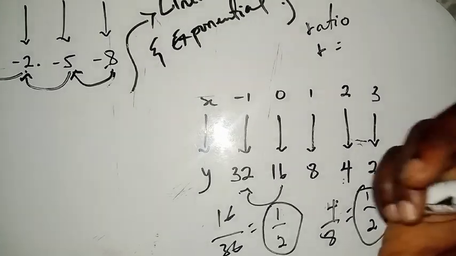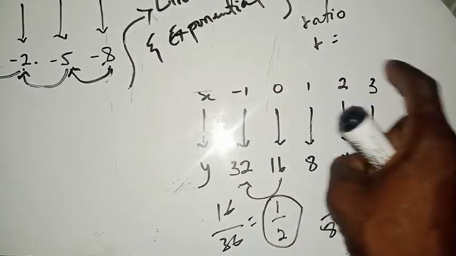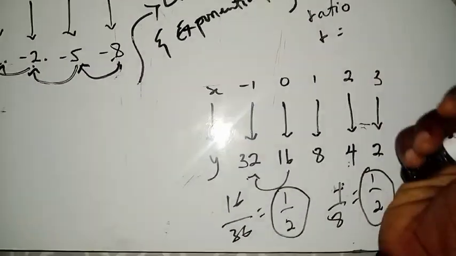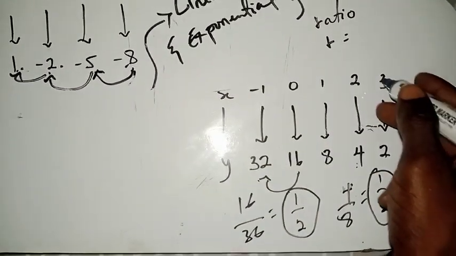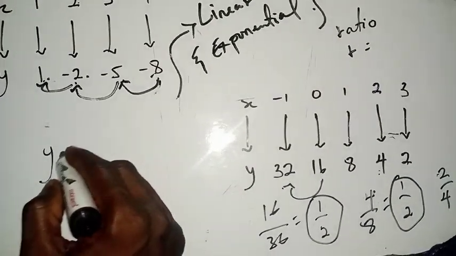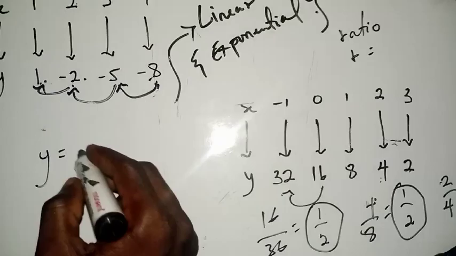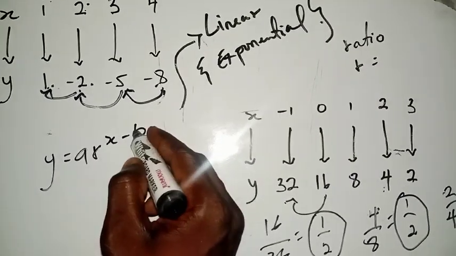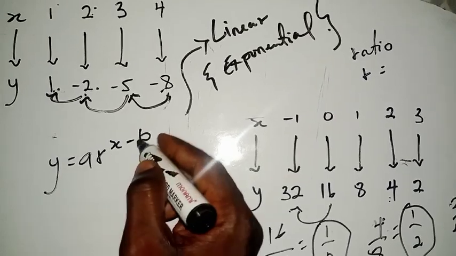So this is how we are able to identify this twin sister or brother to be an exponential mapping. Once we can call this an exponential, what is the image behind that? That is going to be equal to A R^X minus B. If you're already on this channel, I believe you have come across this before.